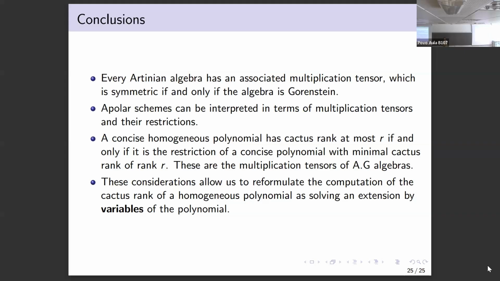You can lift with random coordinates. So this is a kind of dimension extension from the tensor. So you can take random coordinates, new variables. And then you find one solution if there's a solution.